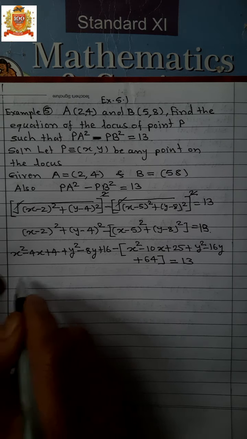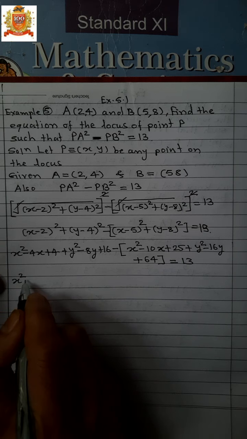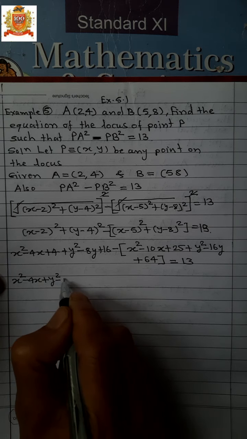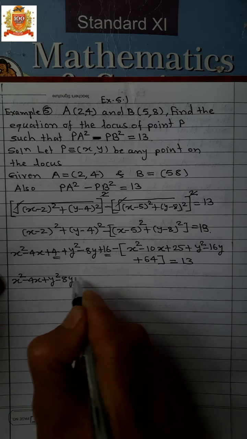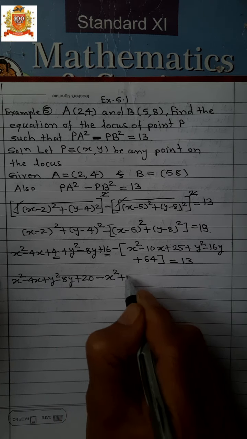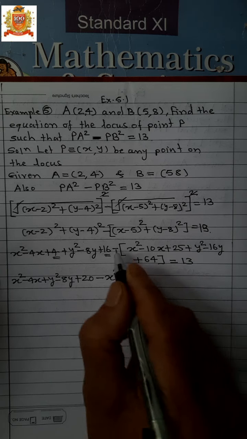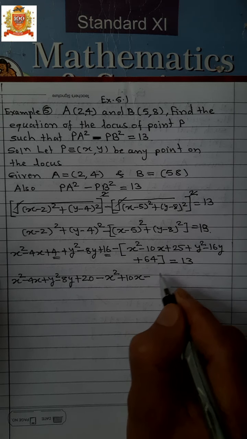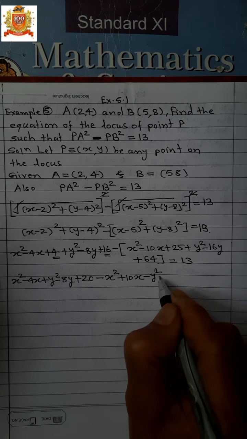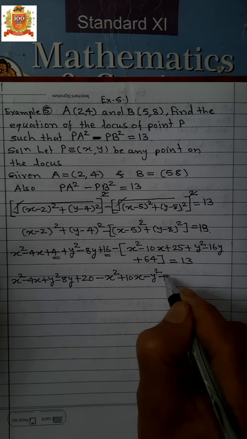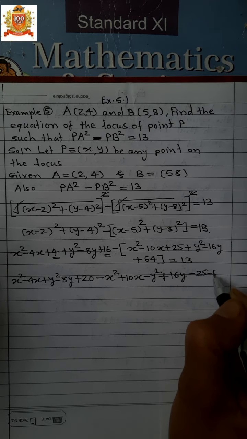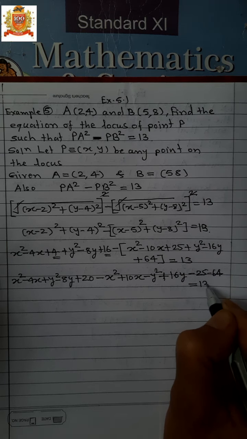Now solve this bracket. x square minus 4x plus y square minus 8y plus 4 plus 16, that is 20, minus x square plus 10x minus y square plus 16y minus 25 minus 64 is equal to 13.